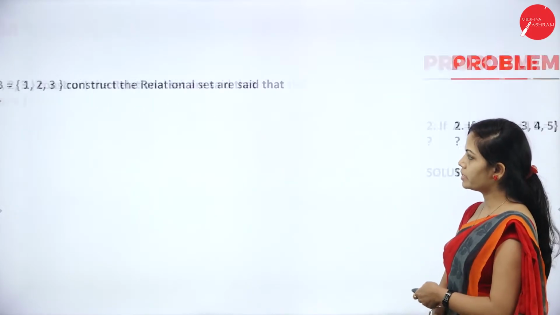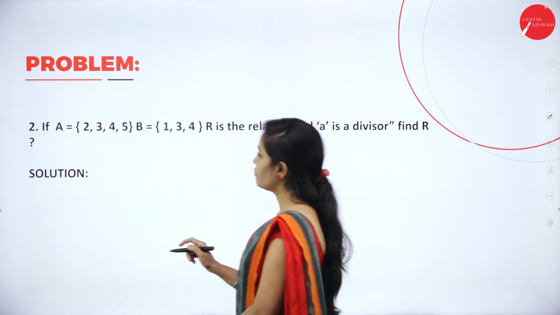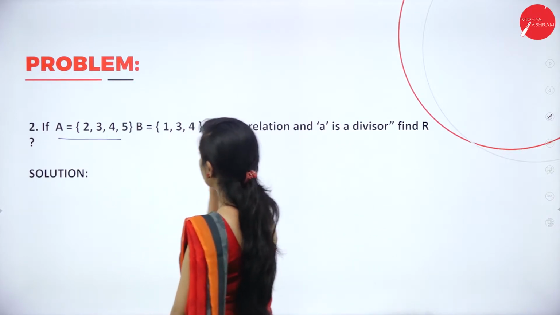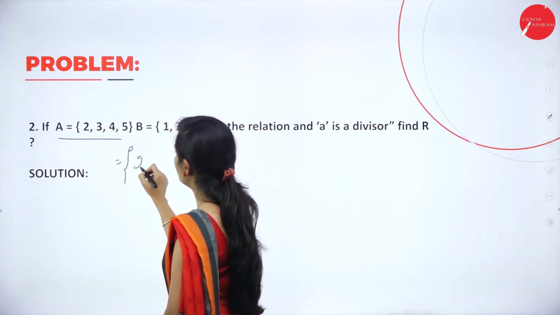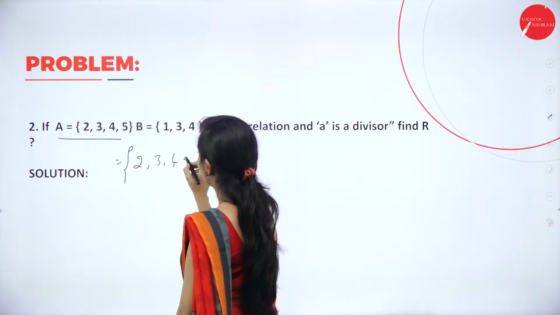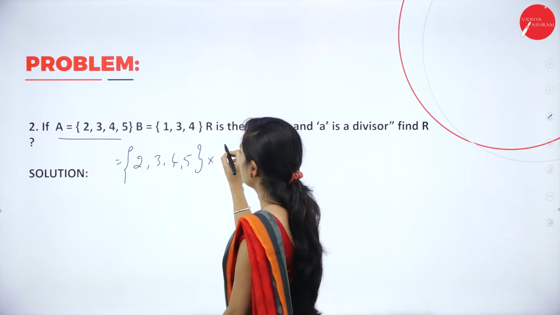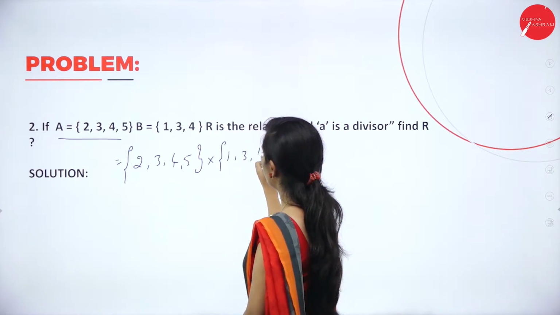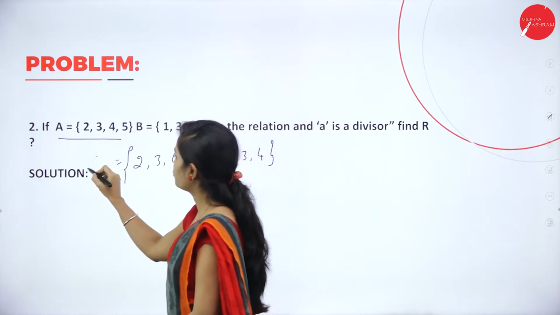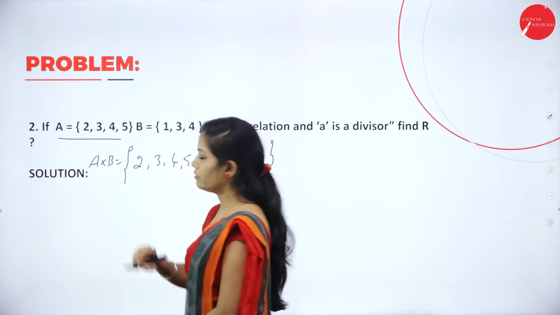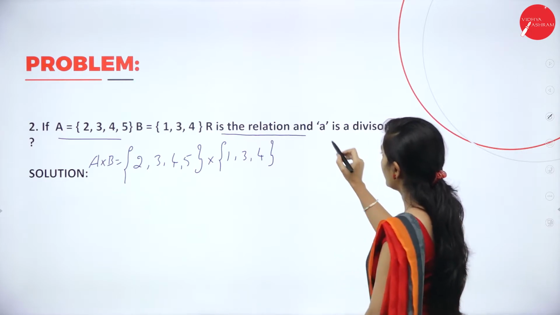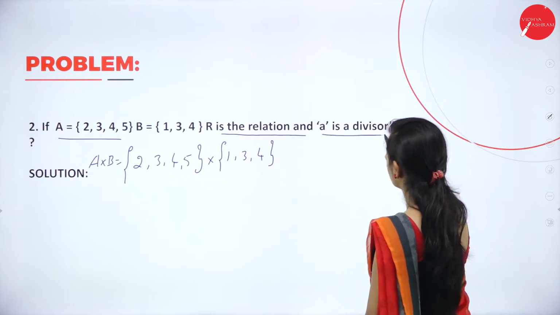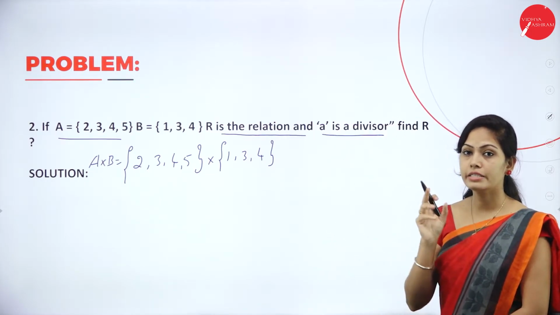And the next problem is, here we have two sets, set A and set B. A is equal to 2, 3, 4, 5 and B is 1, 3, 4. Again, you have to find A cross B first. Then you can find the relation R where A is a divisor.